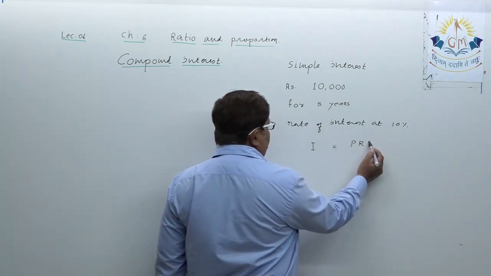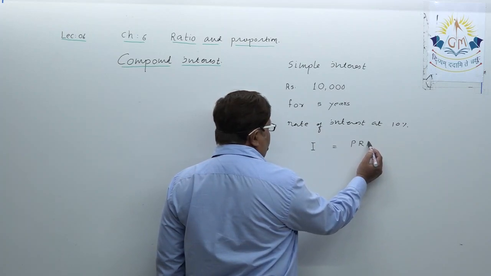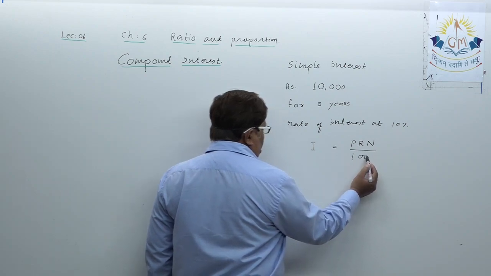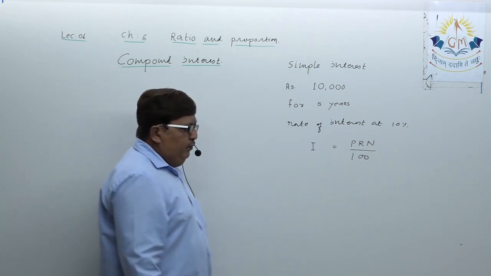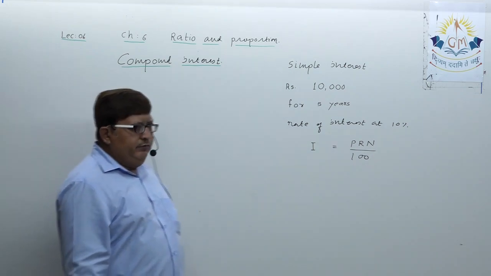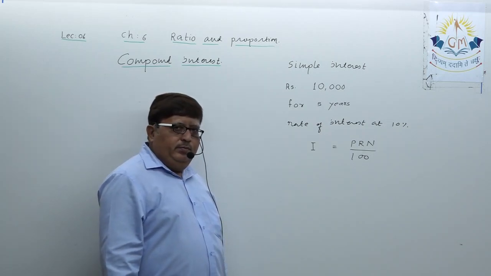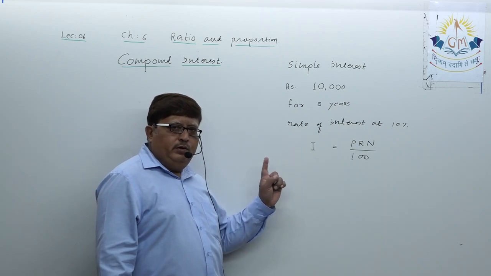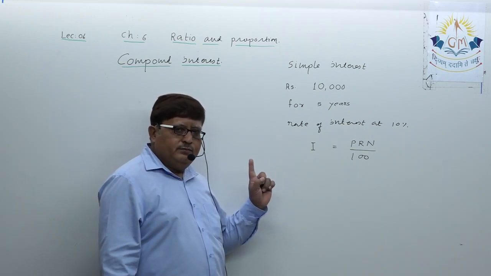So either you write PRT or PRN, everything is equal. I think this is the formula you have studied in previous standard to find simple interest.